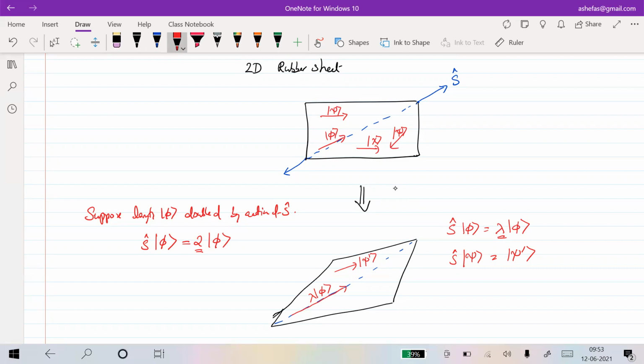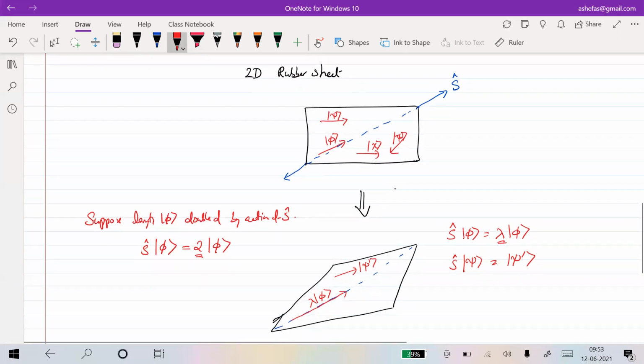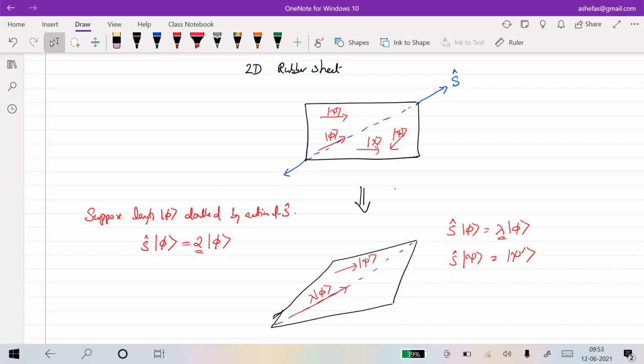Okay, so that's all about the eigenvectors and eigenvalues. Now there's a disclaimer. This is just to give a physical idea about the eigenvectors and eigenvalues. This illustration cannot be extended to n dimensions, because in n dimensions we cannot visualize the vector.